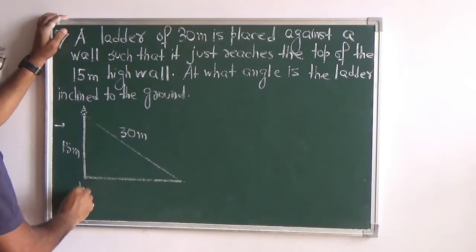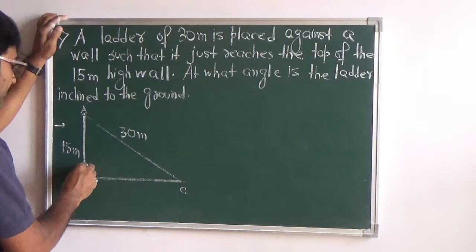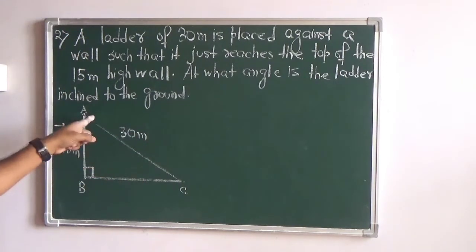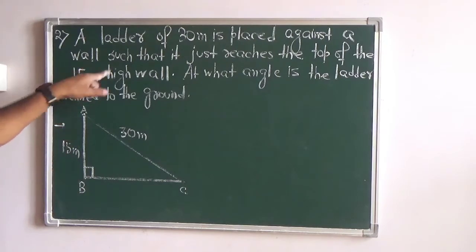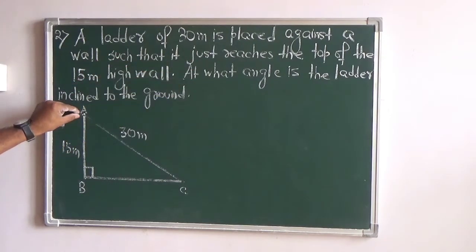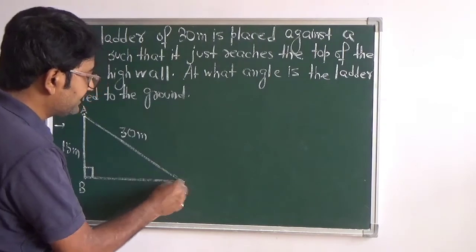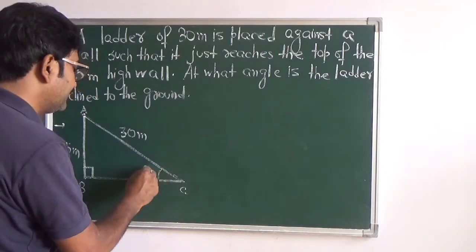A, B, C, we name it as ABC. It is a right angle triangle, obviously. So this is the ladder, and its angle of inclination with the ground, that means this is theta.